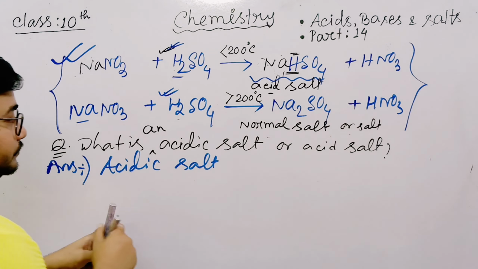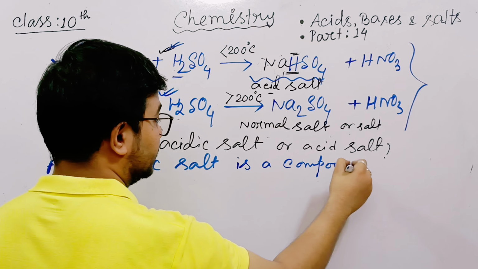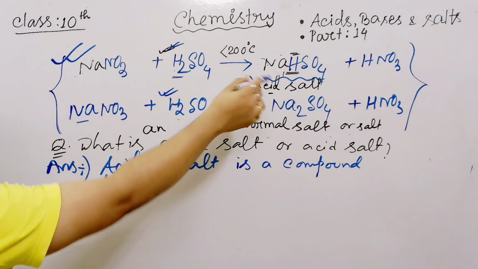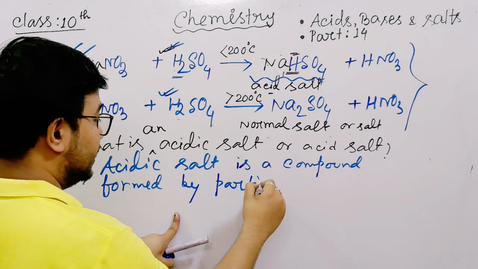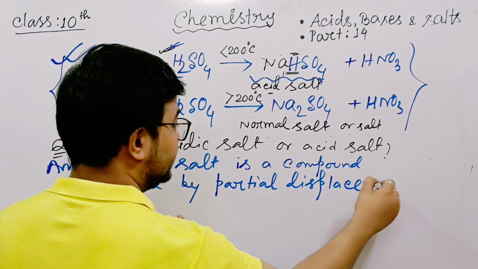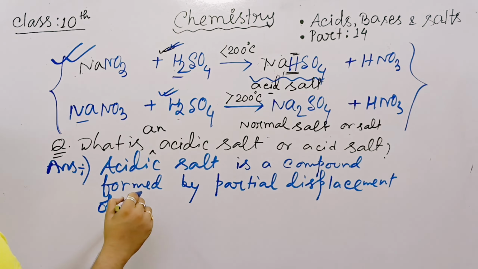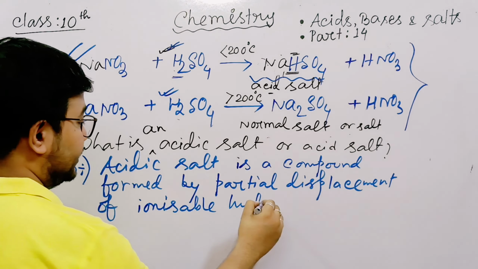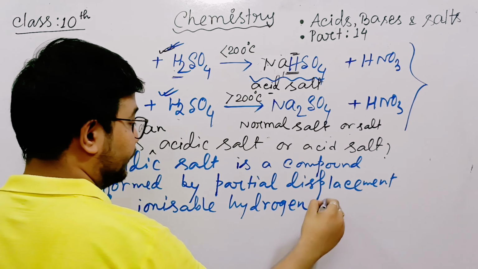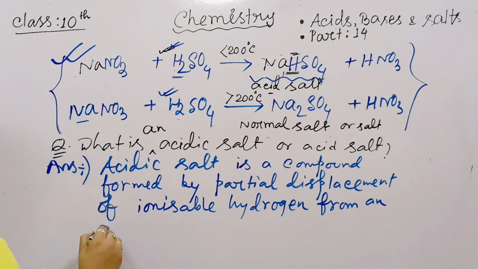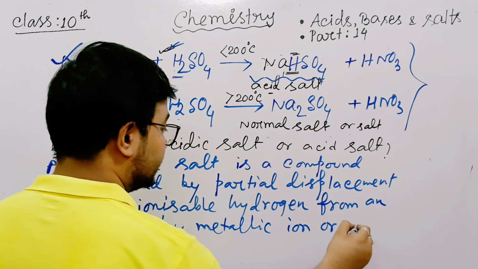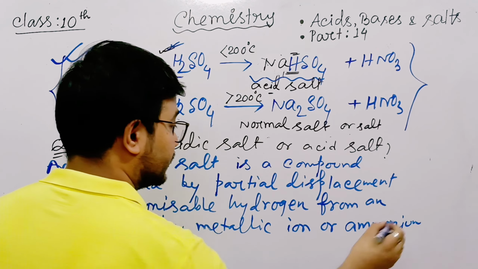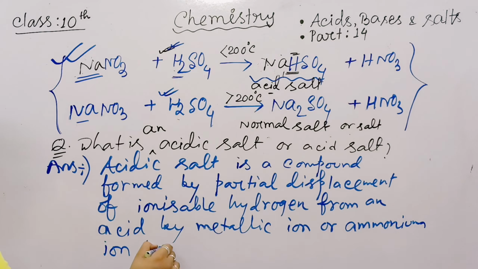So see, an acid salt is a compound formed by partial displacement of ionizable hydrogen from an acid by a metal, by a metallic ion or ammonium ion. Ammonium ion means NH4+.